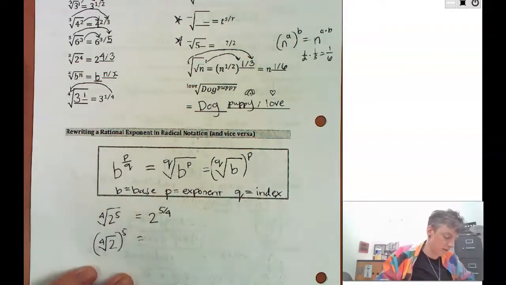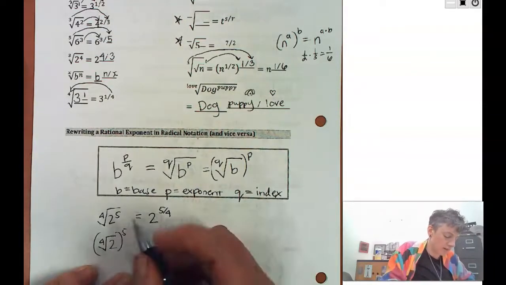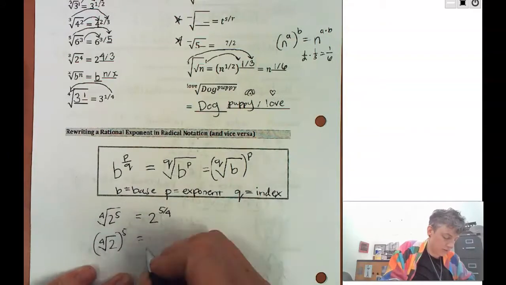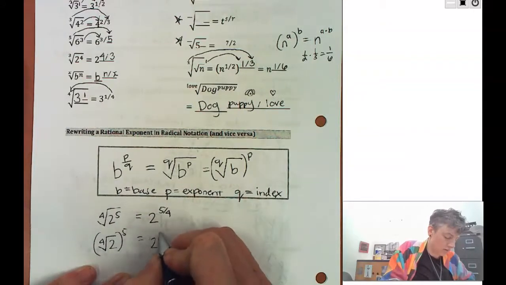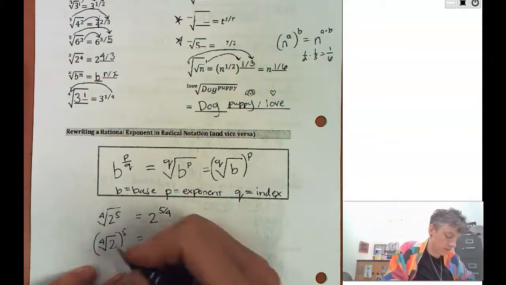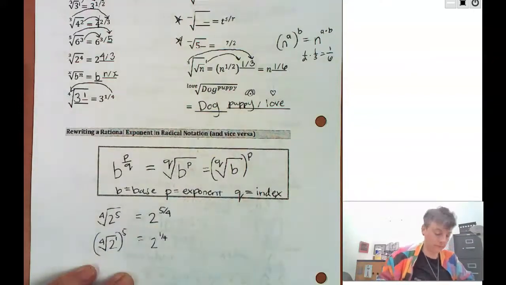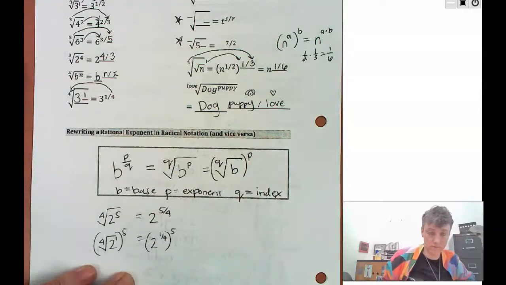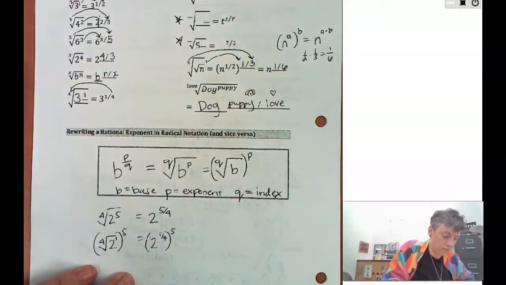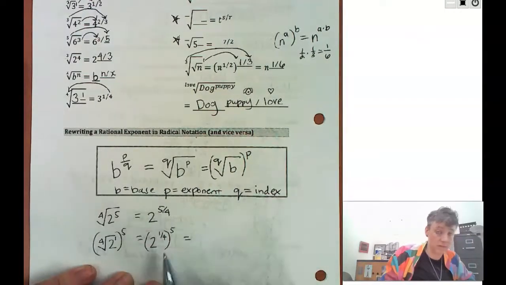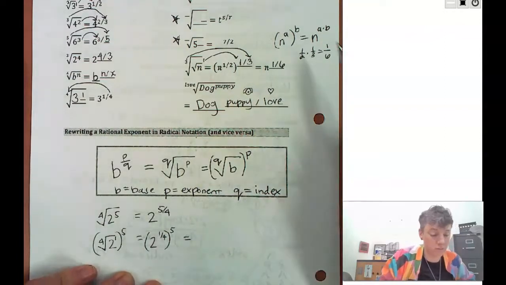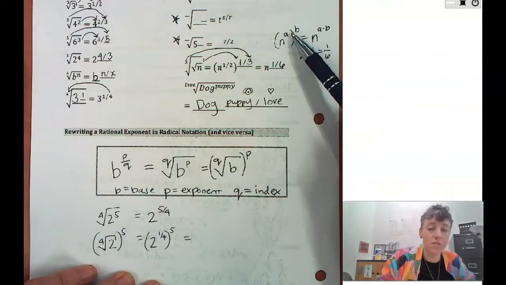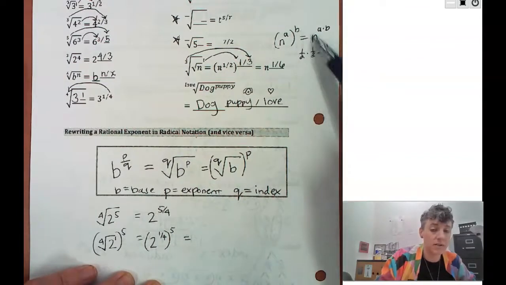Okay, so our inside part would be 2 to the 1/4, remember, because our exponent really here is 1. All of that to the 5th. And then using our multiplication rules for exponents that we talked about up here, if we have something to an exponent, we multiply those exponents together.